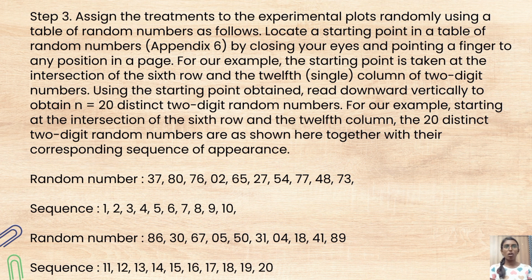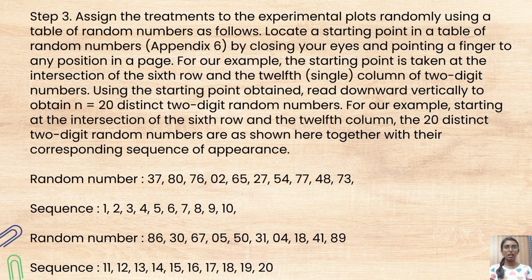distinct 2-digit random numbers. For our example, starting at the intersection of the 6th row and column, the 20 distinct 2-digit random numbers are shown together with their corresponding sequence of appearance.